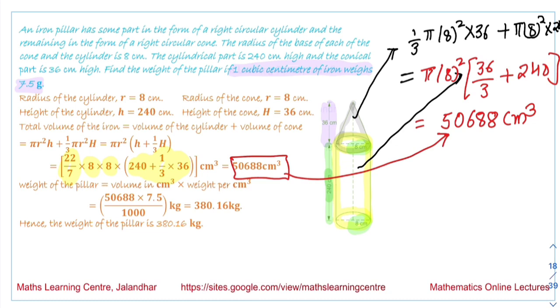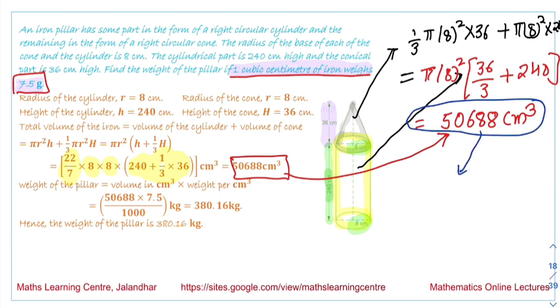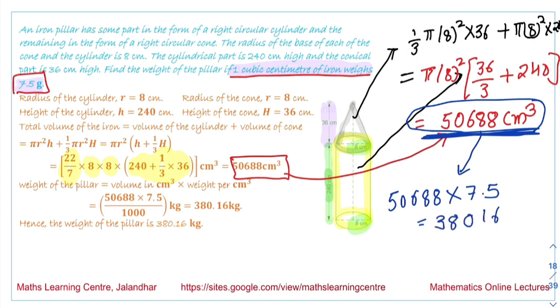complete iron pillar. Now it is given that 1 cubic centimeter of iron weighs 7.5 grams. So the total volume we have is 50688 centimeter cube. The total weight for this much volume will be 50688 into 7.5, that is equal to 380160 grams.